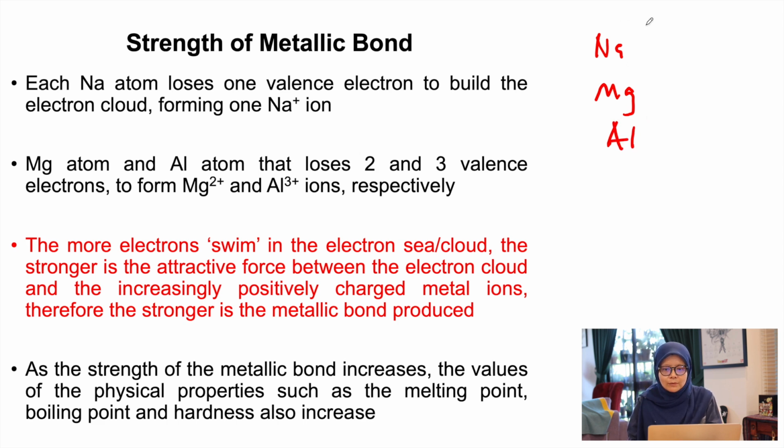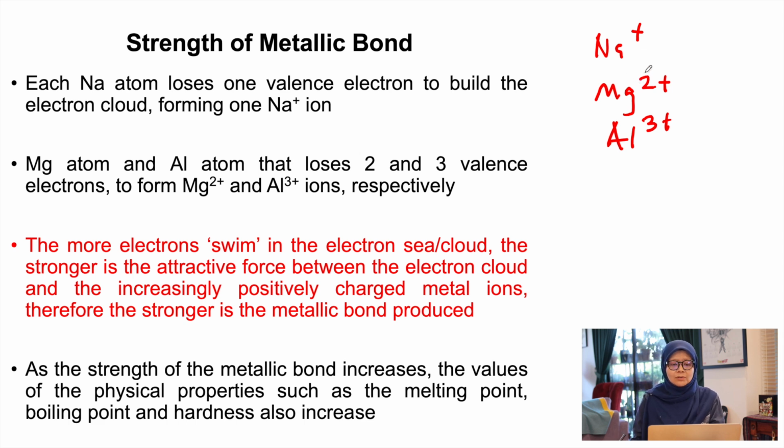As you know, sodium will be releasing one valence electron, while magnesium releases 2 electrons, while aluminium releases 3 electrons. So in terms of the strength of the metallic bond, aluminium will have the strongest metallic bond, followed by magnesium and then sodium.